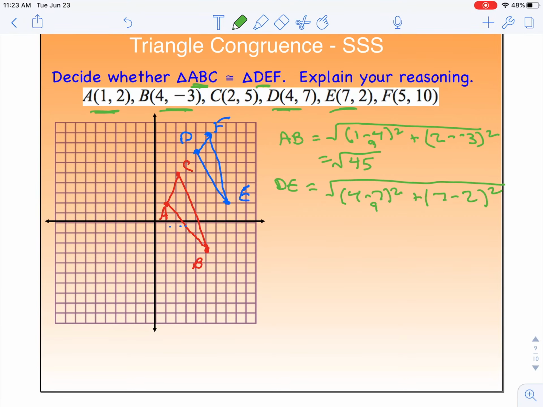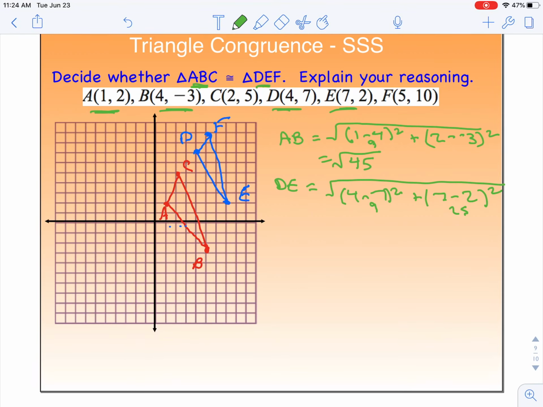So this is going to give me -3 squared, which again is 9, and this is going to give me 7 minus 2, which is 5, and 5 squared is 25.